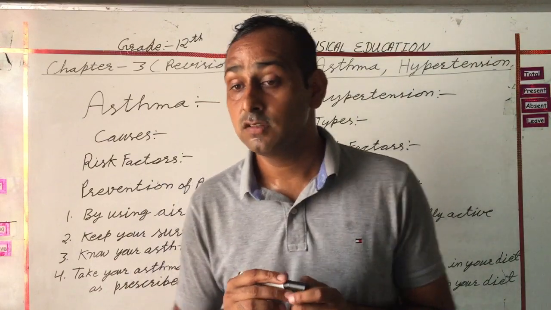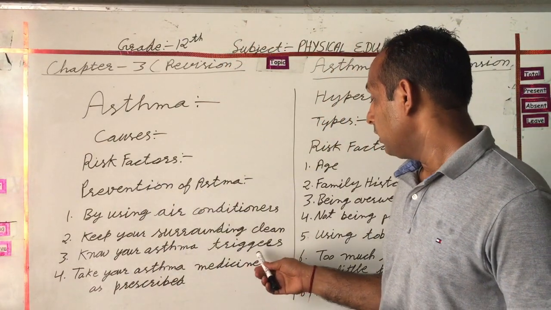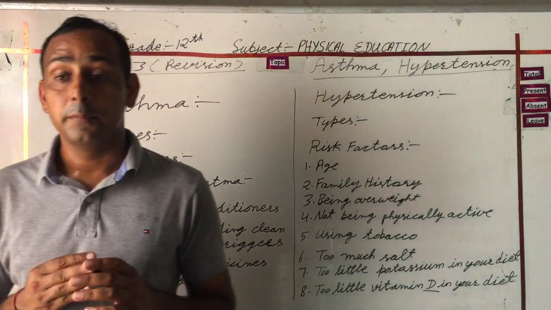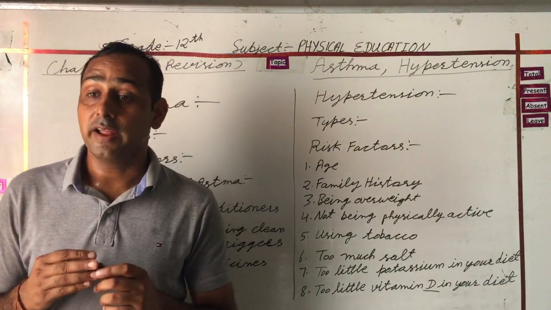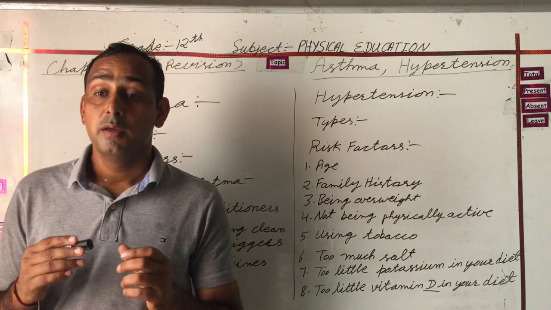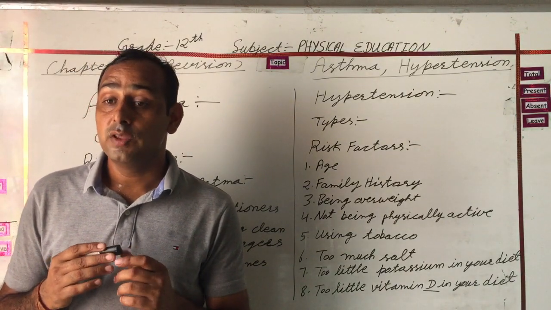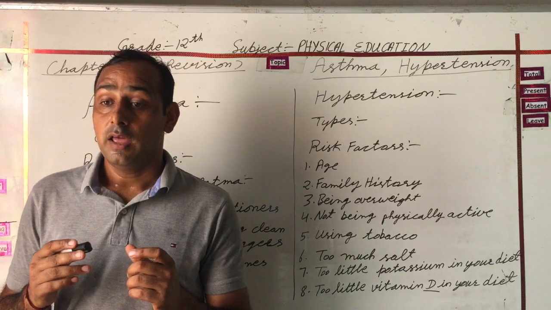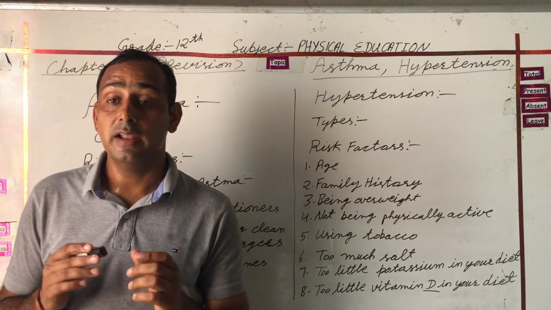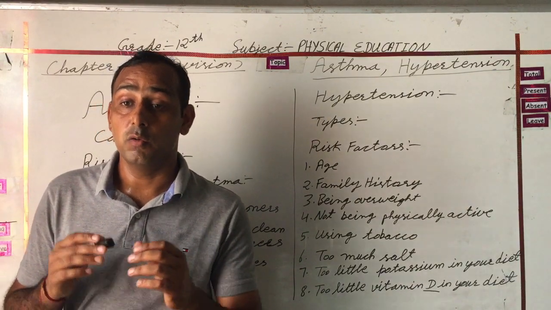Next, know your asthma triggers and minimize contact with them. Avoiding your triggers is the best way to reduce your need for medicines and to prevent asthma episodes. Observe and note down the factors that trigger asthma and try to avoid them.